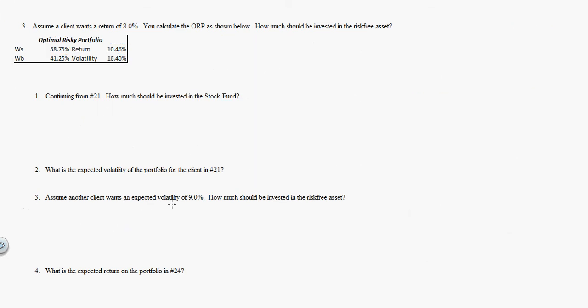Okay, looking at the last two problems here, the client wants an expected volatility of 0.09. How much should go in the risk-free asset? Well, 0.09 should equal the volatility of the risky asset times the weight in the risky asset. So when I solve for this, WK is equal to 0.09 over 0.1640.